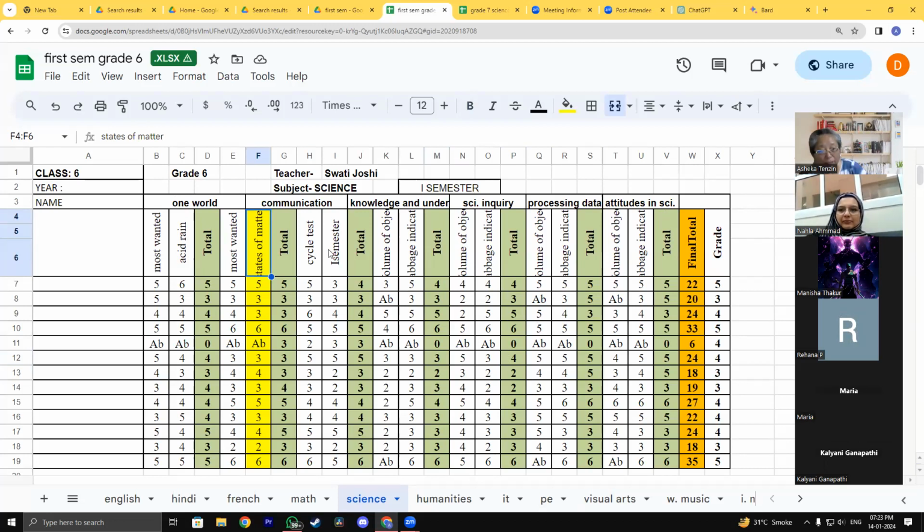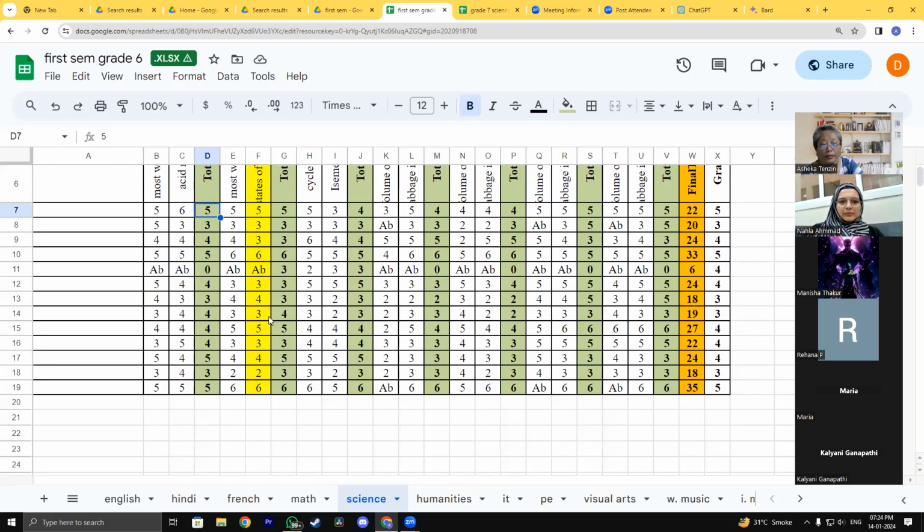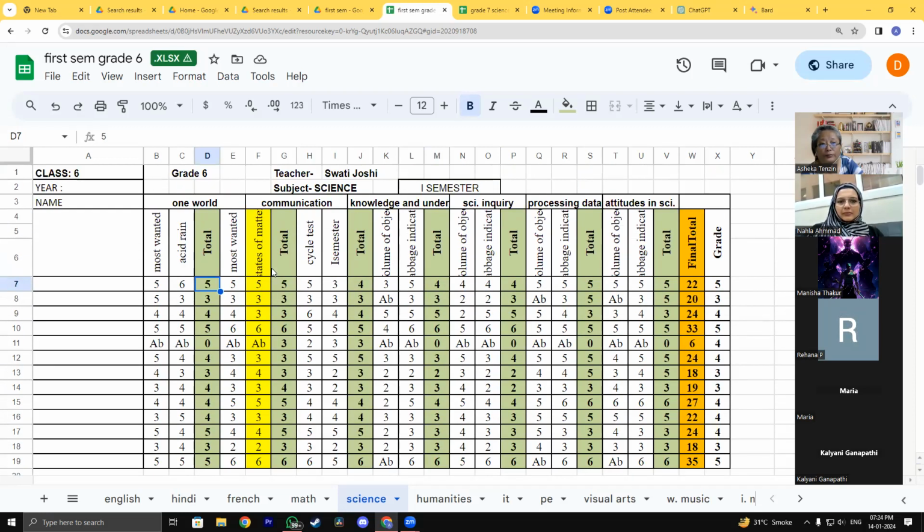So suppose this is criteria A, criteria B, criteria C, and criteria D. These are the tasks. So I have taken 2 tasks for each criteria, and then I have done an overall best fit grade. Then this best fit grade will create your final grades, right?